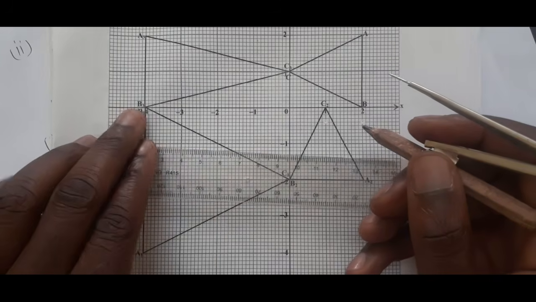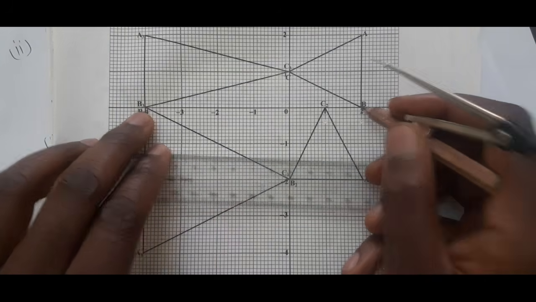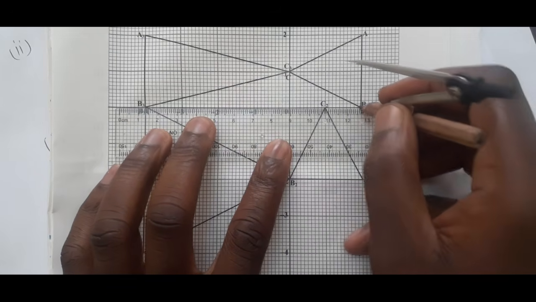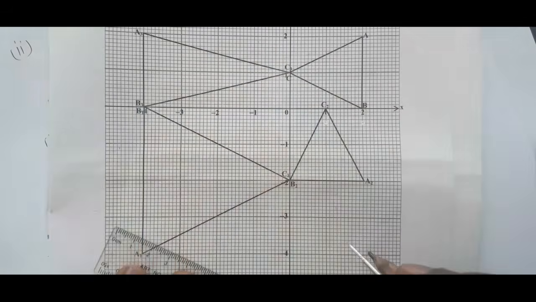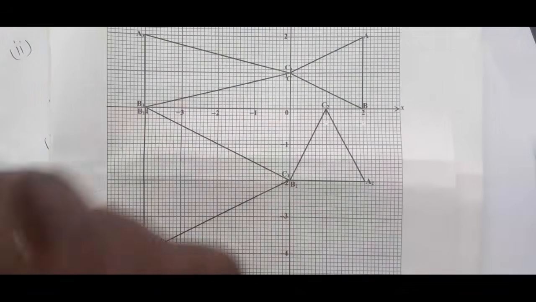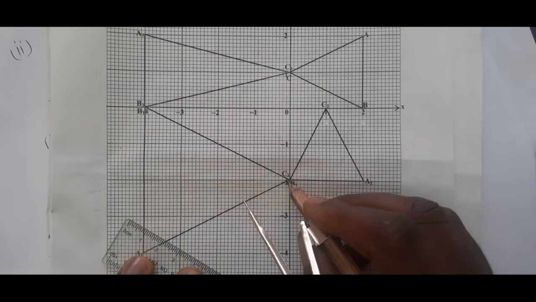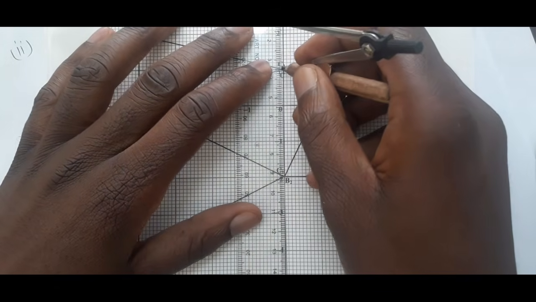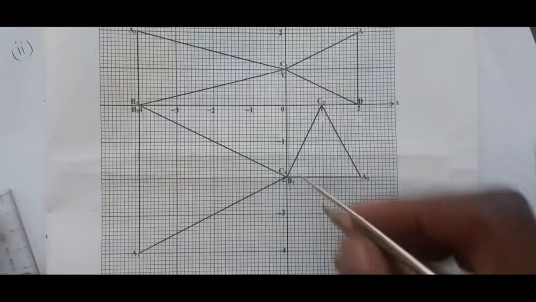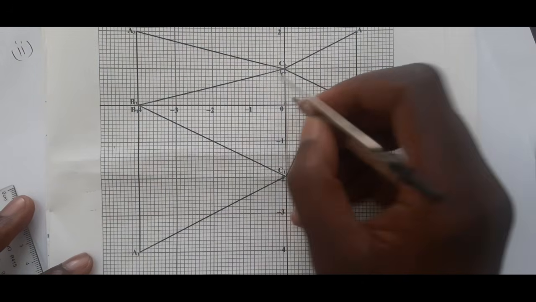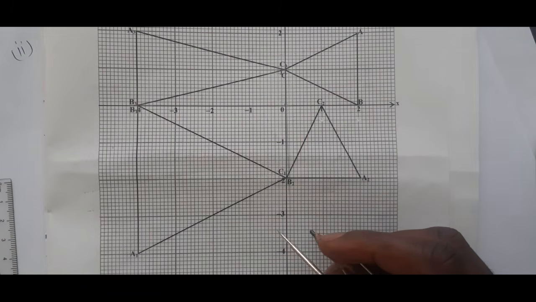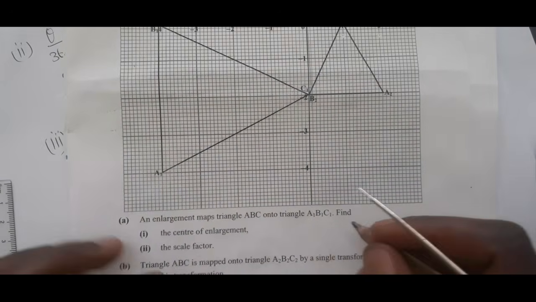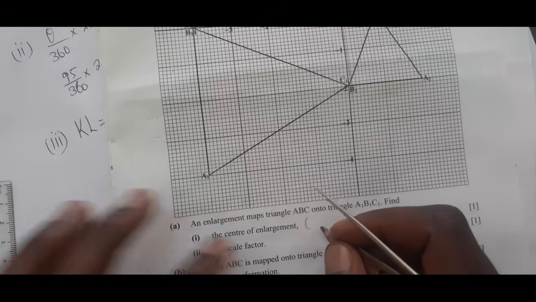So we can pick, for instance, B and B1. We draw a straight line, which is just along the x-axis. Then we can also pick C and C1. You actually discover that these 2 points are meeting right at the origin. So the center of enlargement here is the origin itself.